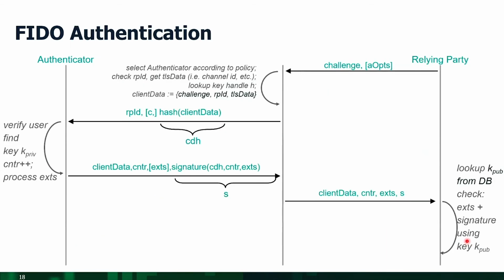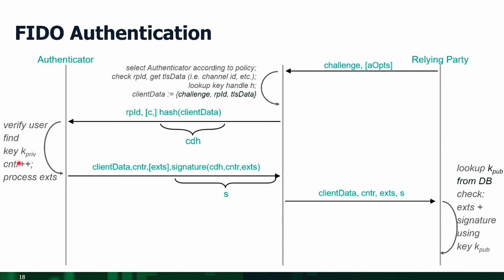Now, when it comes to authentication, it's a very similar flow. The relying party issues a challenge along with any other options that it may be using. There are a few different options you can set when you're doing both the registration and the authentication. That information again is hashed, along with the relying party ID.